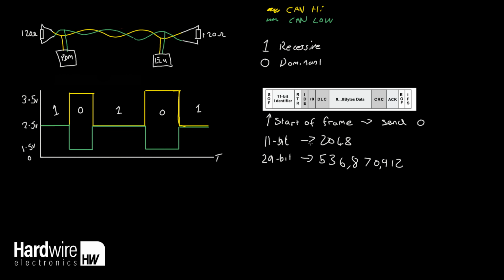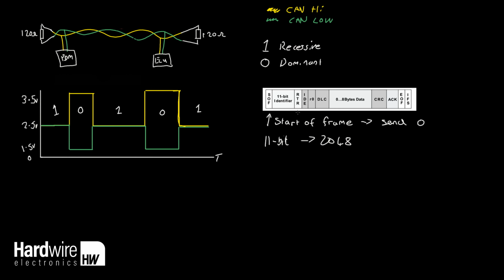And so a 29-bit ID allows up to 536 million different CAN bus IDs. But in this video, we're just going to focus on 11-bit identifiers. Effectively, it's exactly the same when we're working with 29-bit IDs, but in this video, I'll just stick to 11-bit IDs, so it makes it a little bit easier for us.